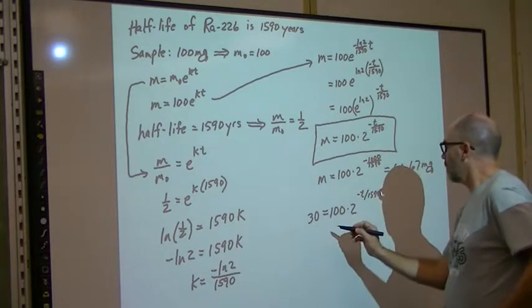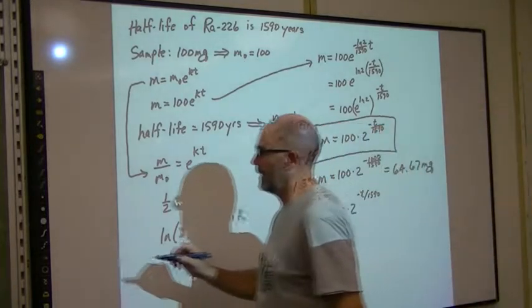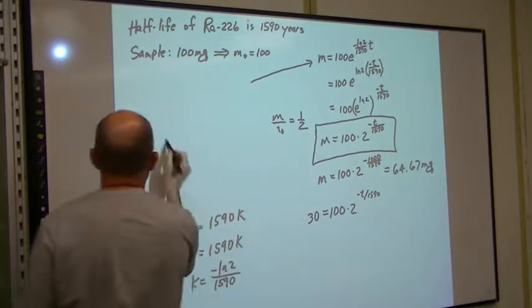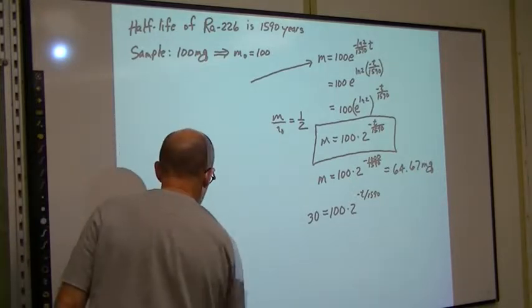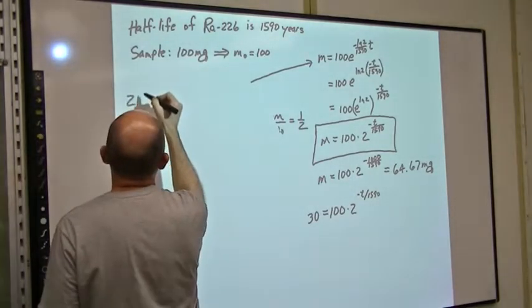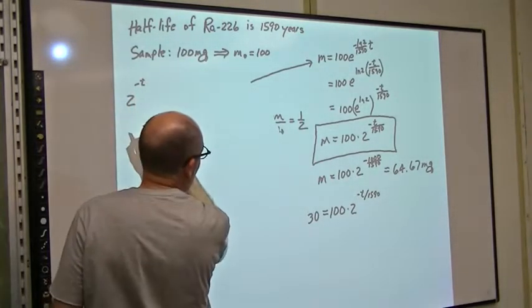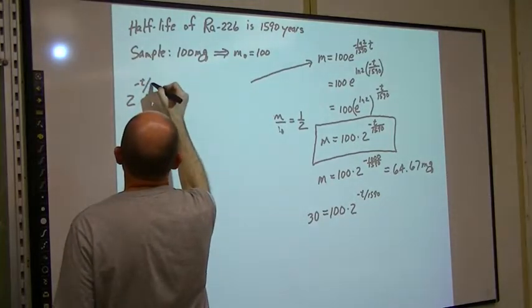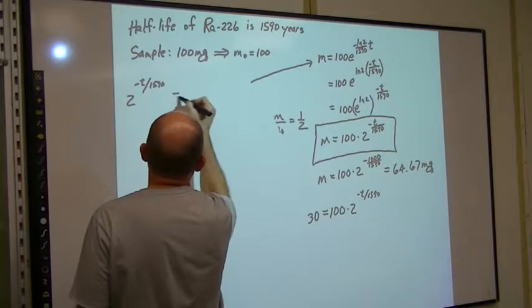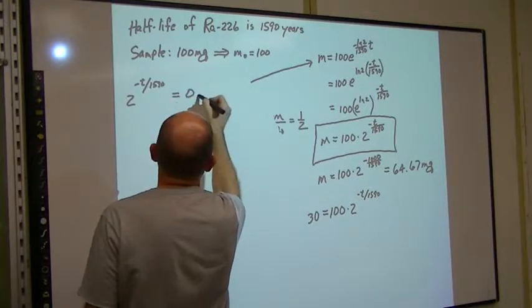So I go, let's get rid of this. Okay, so 2 to the negative t over 1590 equals 0.3.